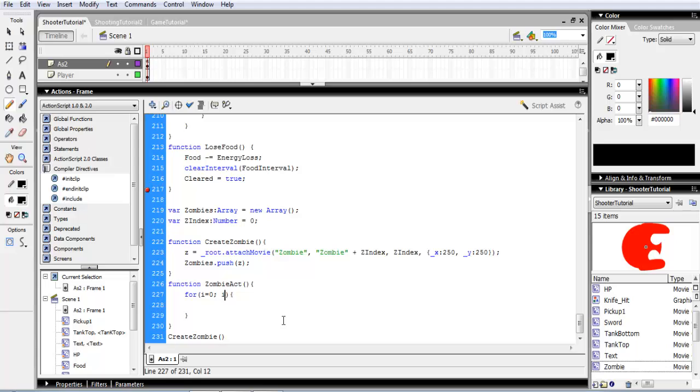Then this is the second part of a for statement, because a for statement's split into three parts. You state the variable, you ask what happens, the condition, and then you change it. Right, so we've stated i equals 0.